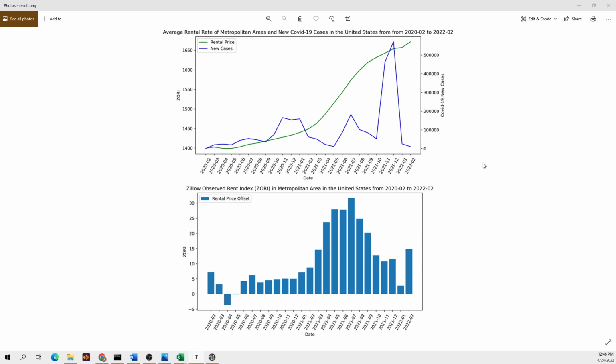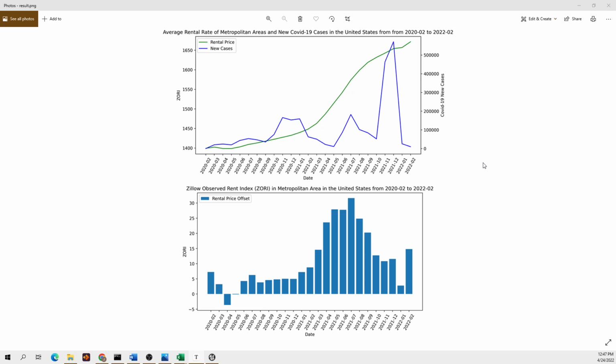So I chose to combine the line chart and bar chart. The line chart is good to illustrate the trend of property rental rate and COVID-19 new cases, since there are two lines, and I used separate y-axes to represent correct values.